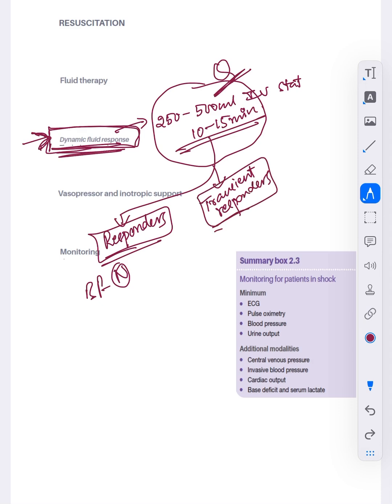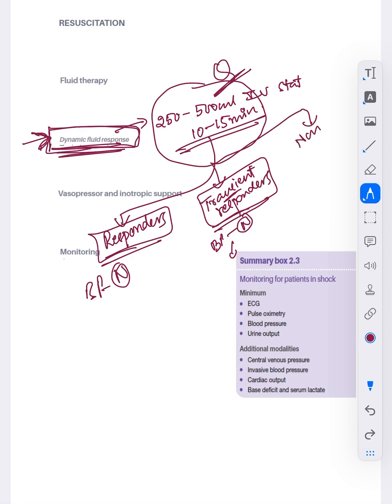Transient responders, which means because of the ongoing blood loss, initially when the fluid was given, the BP came back to normal, but because of the ongoing fluid loss, the BP eventually falls again. Okay. That is transient responders. Transient means momentarily they are responding to the IV fluid challenge. Okay.